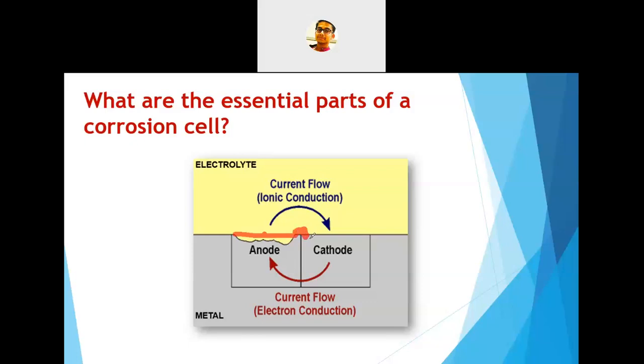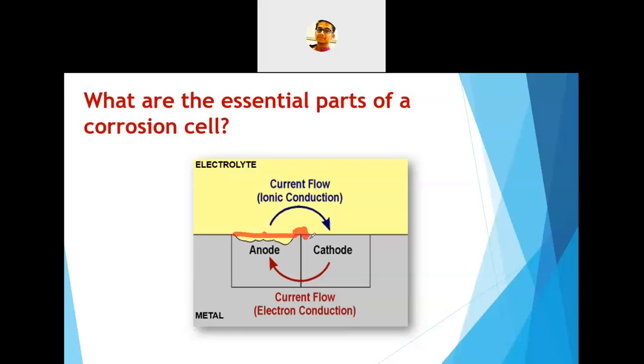So these types of things can even happen on a scale of millimeter range also. So if we can remove any one of these elements, either anode or cathode, or the electrolytic solution, or the electronic conductor, we can also stop corrosion. But here also it is not possible. We'll see the detail of the corrosion mechanism in the upcoming slides.